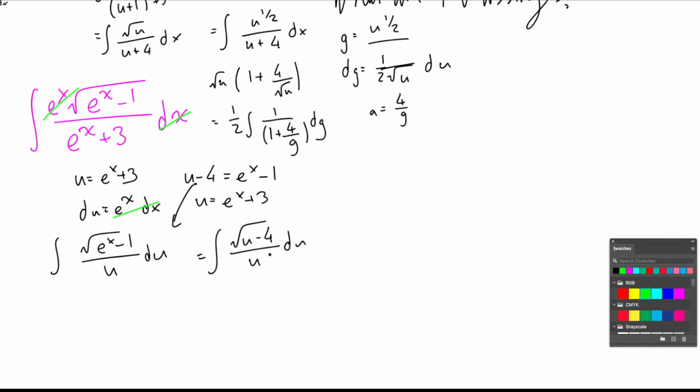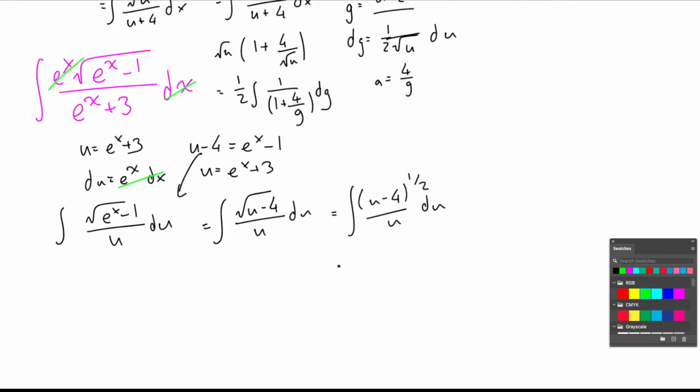This is what we get. And this, I think, is integratable. If we make g equal to u minus 4. No. Wait, I swear this is integratable. This should just be equal to the integral of u minus 4 to the power of 1/2 over u du.